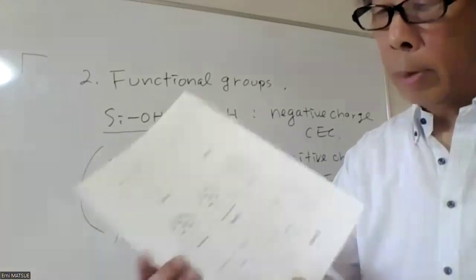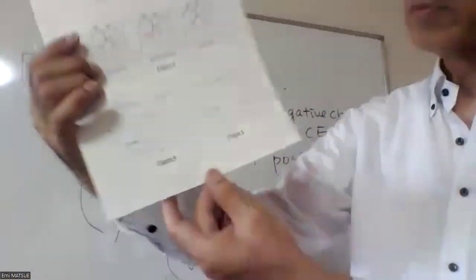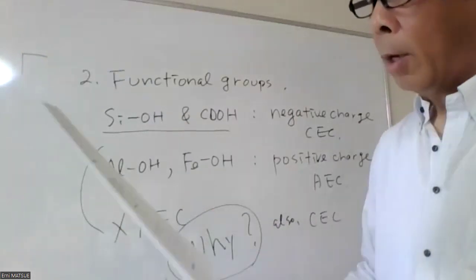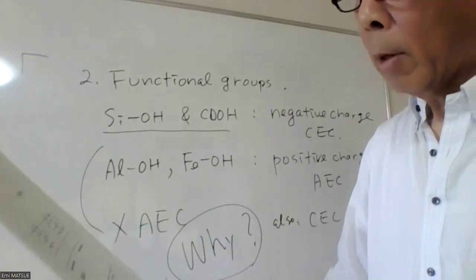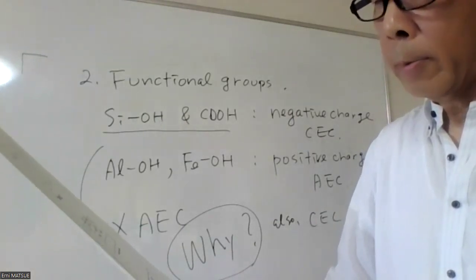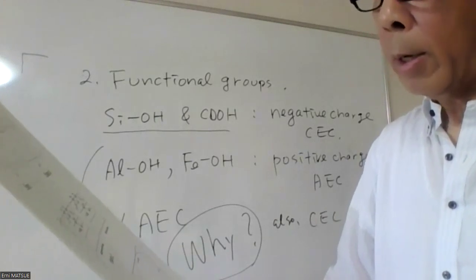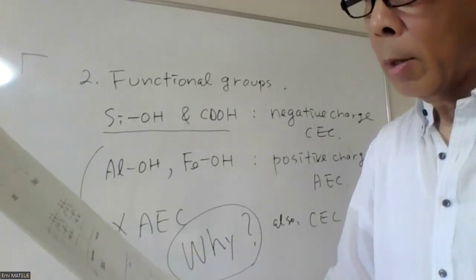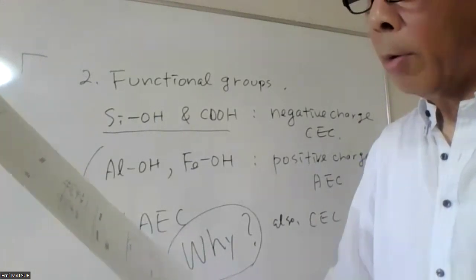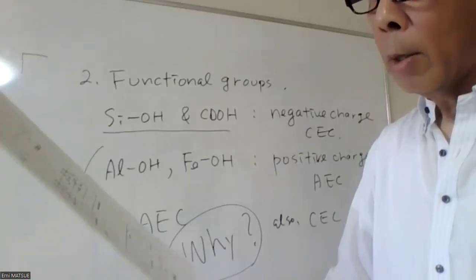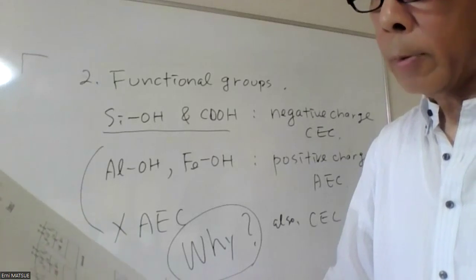Next, figure 5. Figure 5, AlOH. AlOH, the blue curve, exists at all pH ranges. AlO minus, the red curve, can be generated at very high pH.